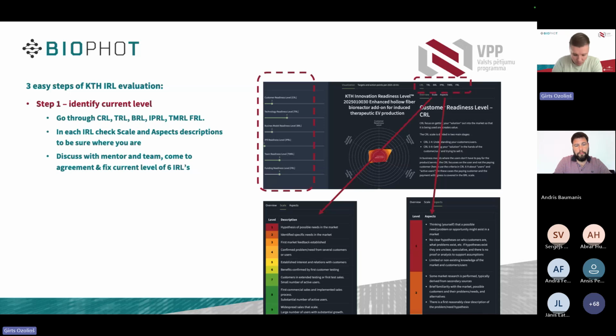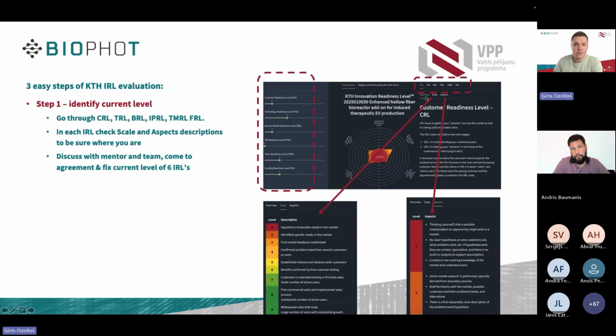So how will this actually work? It's a 3-step procedure. First of all, we are putting on the scales, the scales of the readiness levels. We will go through each of the 6 readiness levels here.